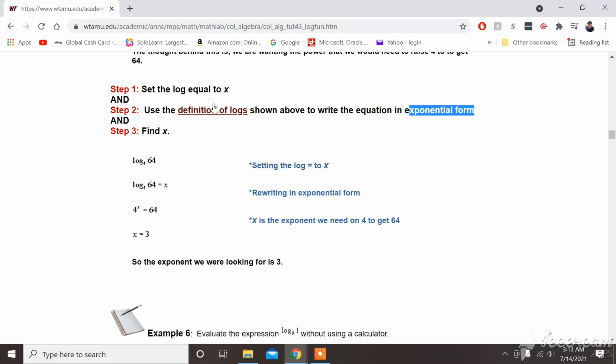We use the definition of logs, the original rule, to put it in exponential form.